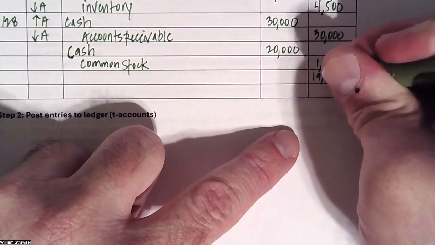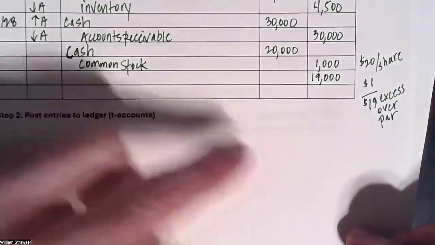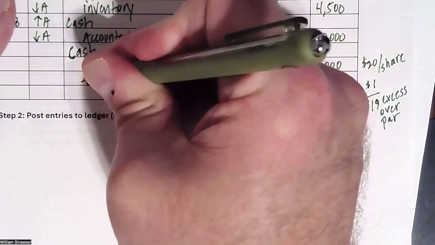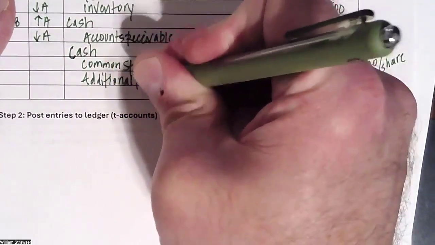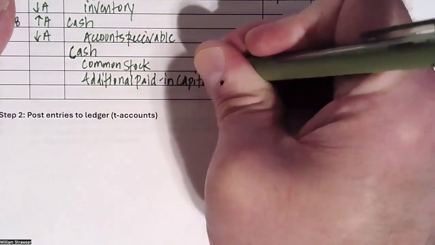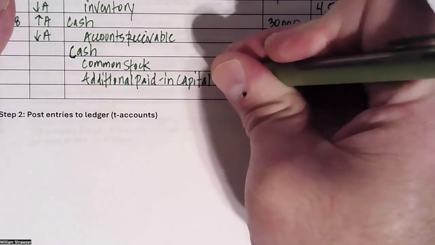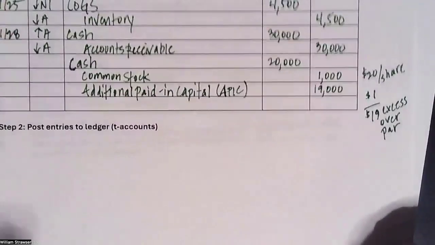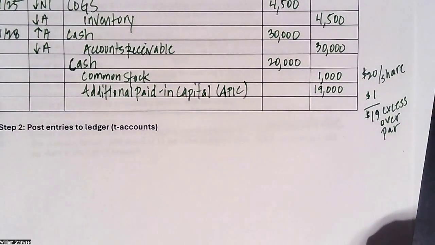And anything paid in excess of par, we call additional paid in capital, often abbreviated as APIC. But you don't earn the abbreviation until you know the entire name of the account. Okay. Because nothing can be more embarrassing than knowing an acronym, but not knowing what it stands for.